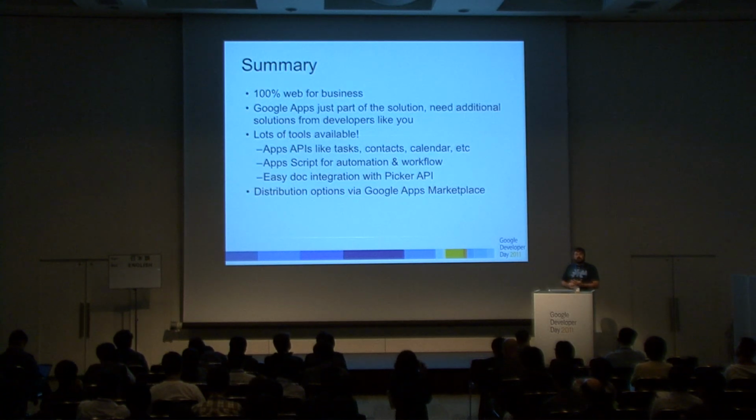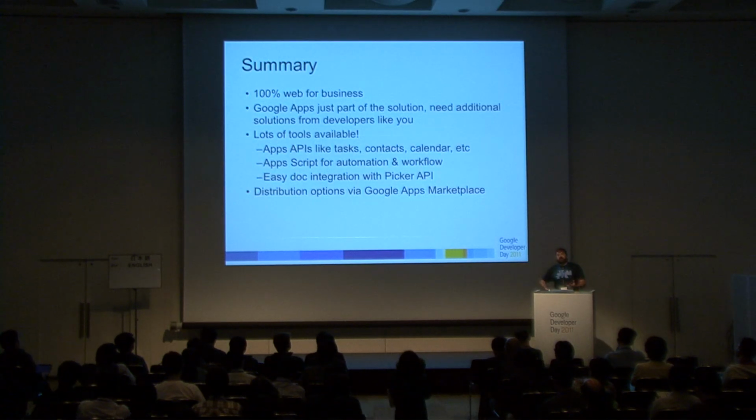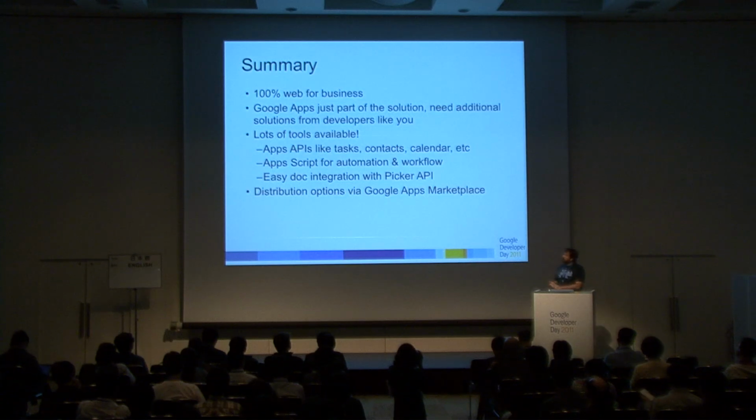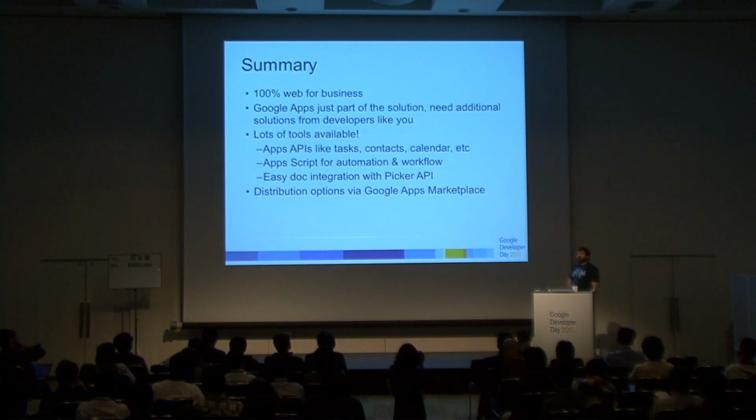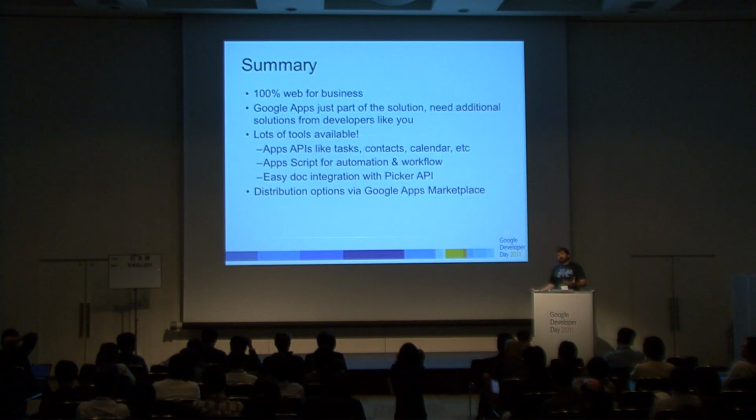People do develop and distribute scripts, but there's not a lot in terms of IP protection, so it's not really a language you can use to build commercial apps yet, but it's something that we are aware of. And then you can do some really cool stuff with the Picker API, and we're going to look to find different ways of making these APIs more accessible to you as developers.